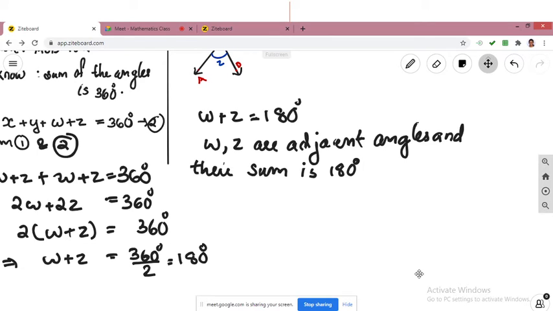Padma, can you recall what our linear pair axiom is? Axiom 1.